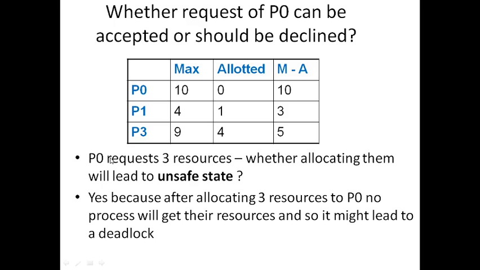The deadlock avoidance algorithm is triggered whenever a process requests further resources. At that time you have to evaluate the situation: if I actually give the resources to that particular process, will the system continue to remain in a safe state or will it get into an unsafe state, just like we did now.